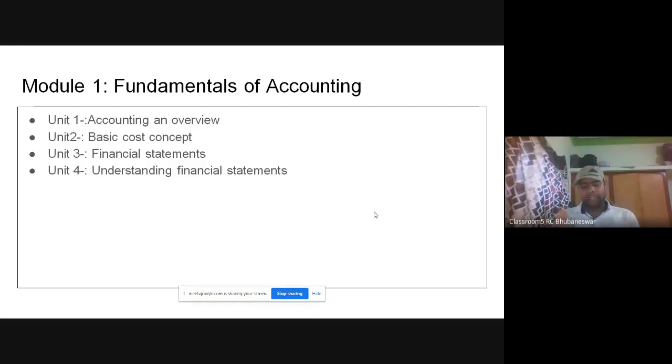So it deals with these 3 to 4 aspects: normally identifying the transaction, then recording them, then classifying and summarizing them, and after that preparing the final accounts and interpreting the results thereof. So it is a comprehensive part where different functions are to be performed to call it accounting.